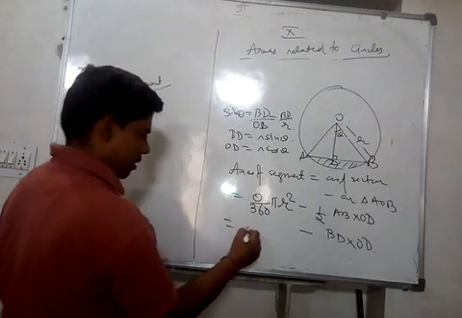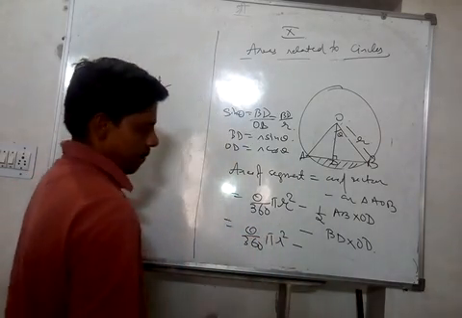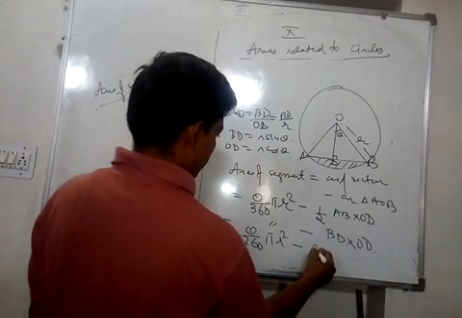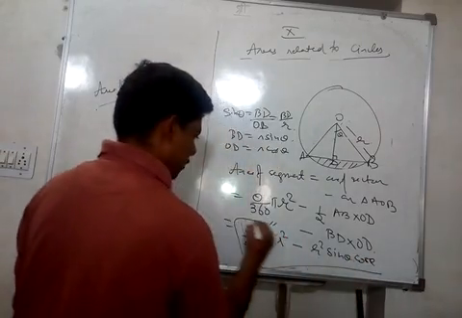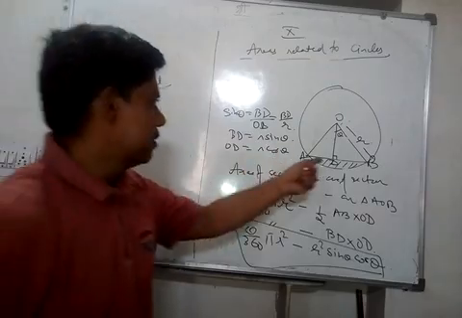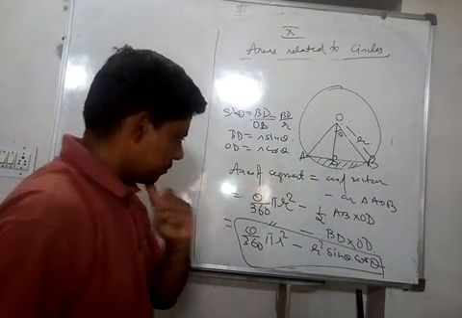We can put the value here, theta upon 360 pi R square minus R square sin theta into cos theta. This is the formula for area of segment when theta is known. This theta and this theta are equal.